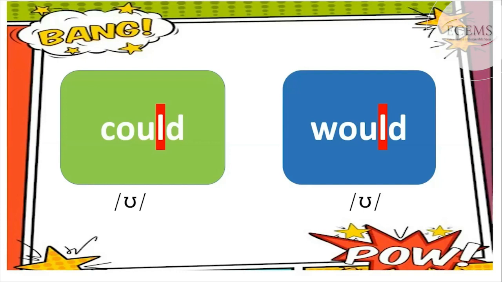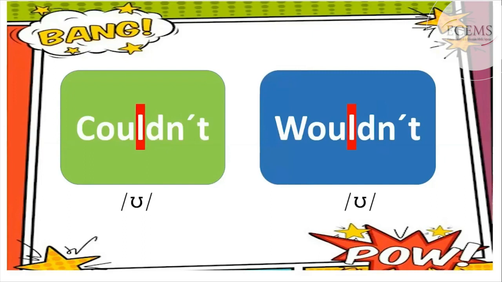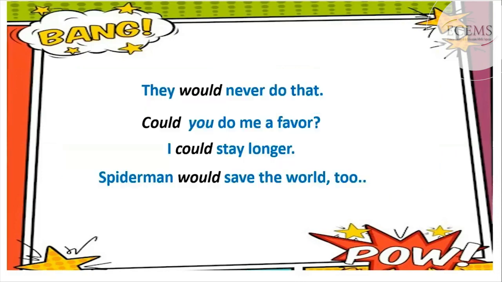Lo que quedaría así: could, would, could, would. The same occurs to the negative forms. Couldn't, wouldn't, couldn't, wouldn't.